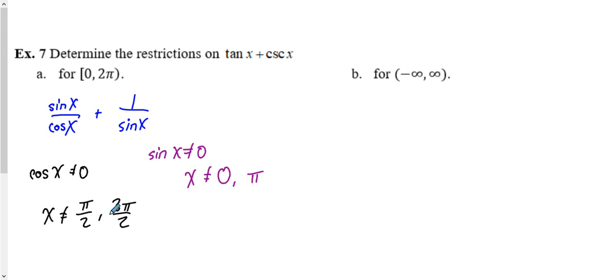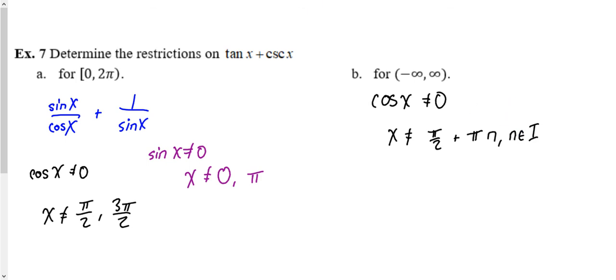So for this first one here, because we already have it, we're between 90 and 270, aka pi over 2 and 3 pi over 2. For cos x not equal to 0, we can say x cannot equal pi over 2 plus pi n, since from pi over 2 to 3 pi over 2 is a difference of pi, where n is an element of an integer. Okay, so that's our first one.